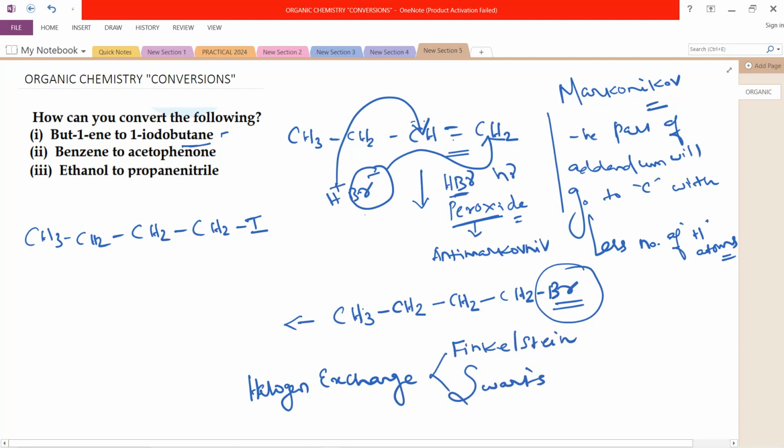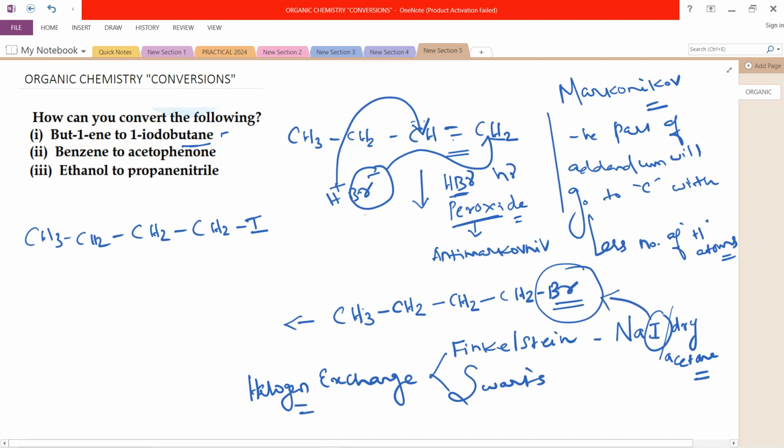Finkelstein reaction is an iodine exchange reaction. That is, sodium iodide is used in dry acetone. Here the iodine will be exchanged for another halide.